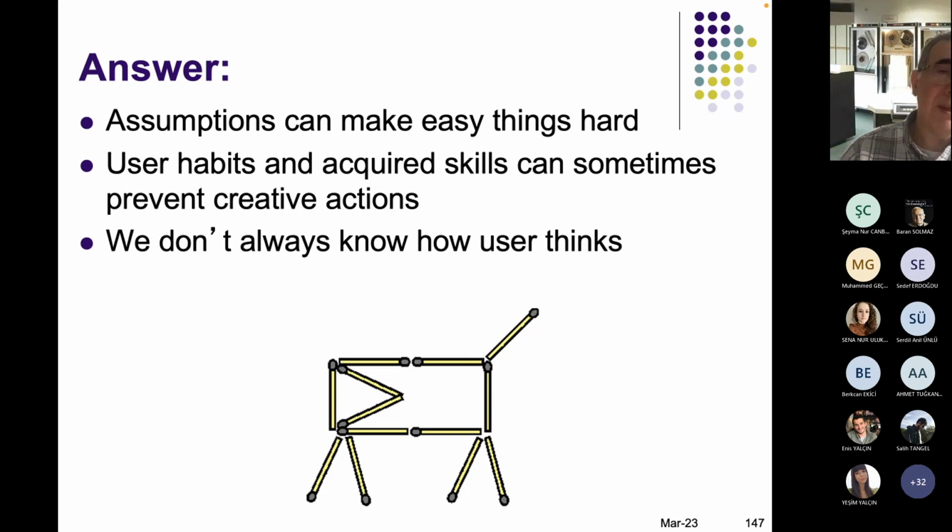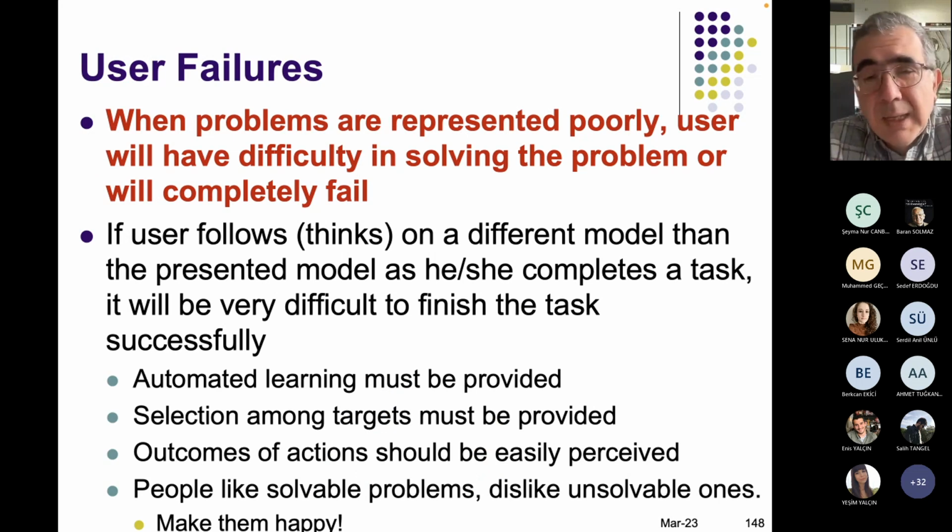Okay. So people make mistakes, and we don't always know how the user thinks. Think about some examinations that you didn't perform very well. Some of them are due to bad representation of the problem. When problems are represented poorly, the user, or student in that case, will have difficulty in solving the problem or will completely fail.